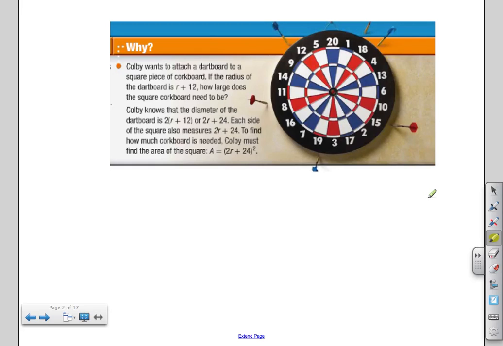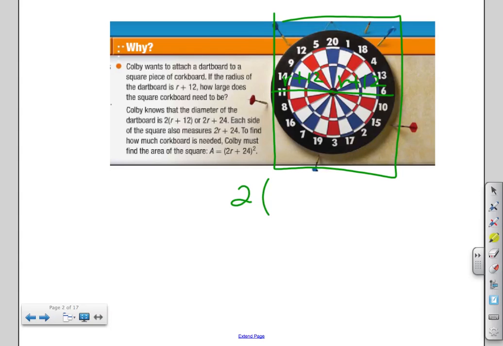Let me just say this is an example problem where somebody wants to put this thing on a cork board, right? And they need to know how big the cork board has to be. And we know the radius, and they tell us it's r plus 12. Well, there are actually going to be two of those radiuses, right? R plus 12.